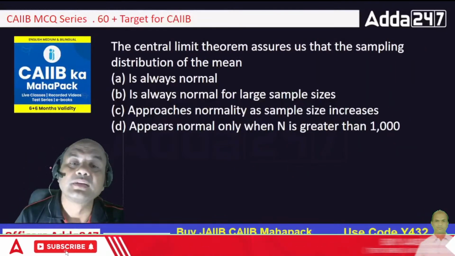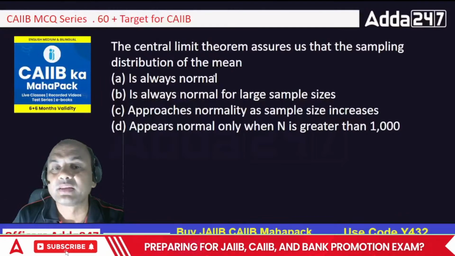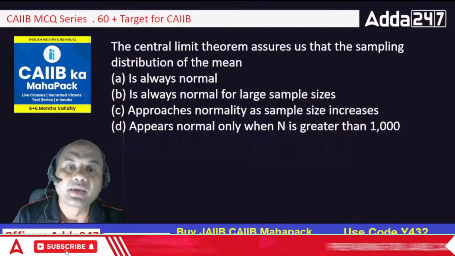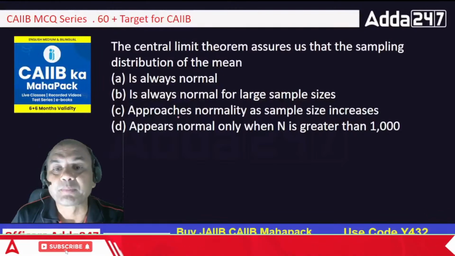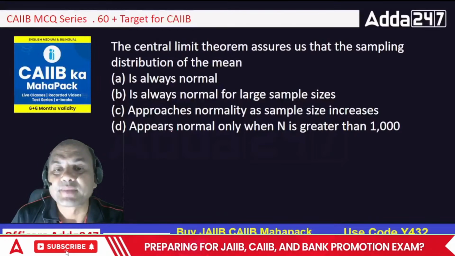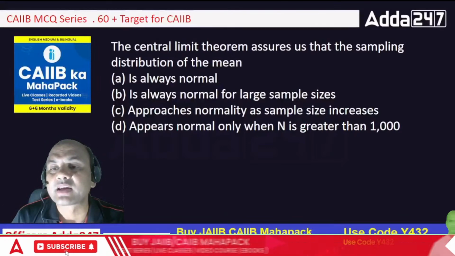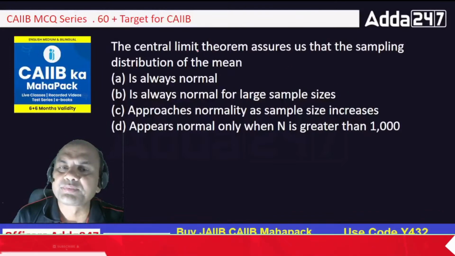Now last one. The central limit theorem assures that the sampling distribution of a mean is: A, always normal; B, is always normal for large sample sizes; C, approaches normality as sample size increases; D, appears normal only when n is greater than 1000. So what does the central limit theorem say?